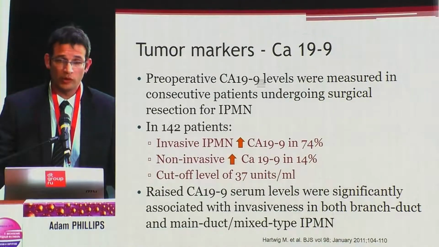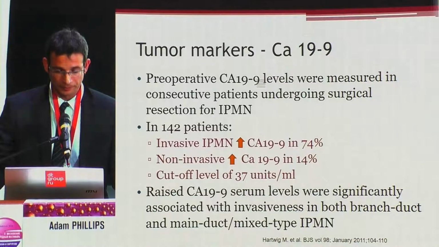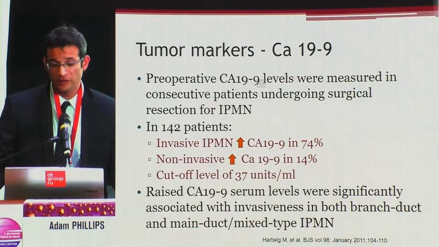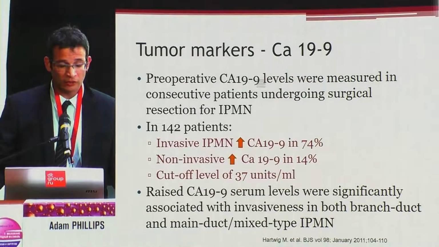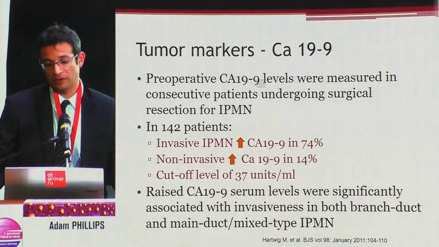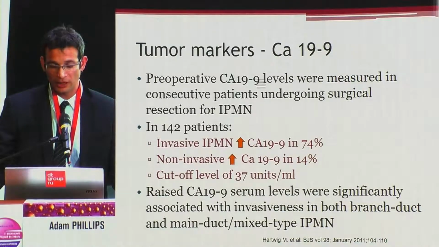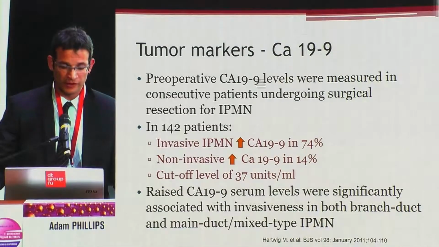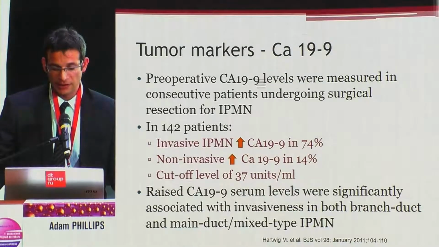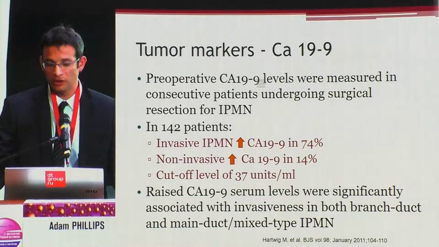A few words about CA 19.9. If we measure it preoperatively in the serum blood, in 142 patients who went to surgery, in invasive IPMN, the CA 19.9 level was elevated in 74 patients. In patients with non-invasive IPMN, it was elevated in only 14 percent.